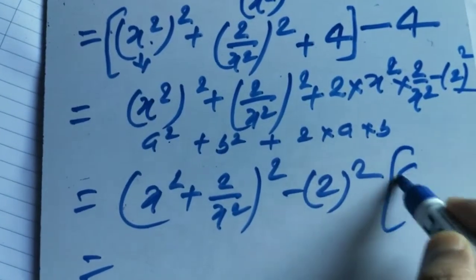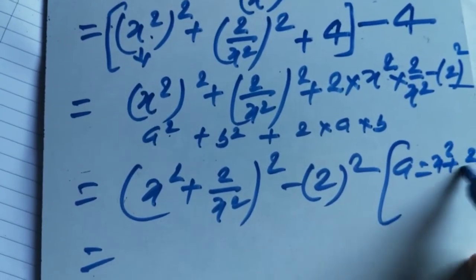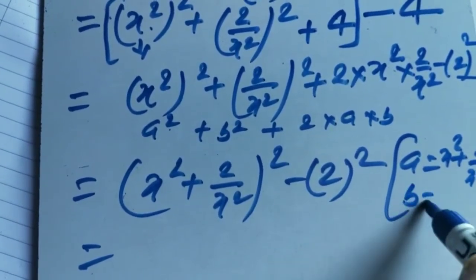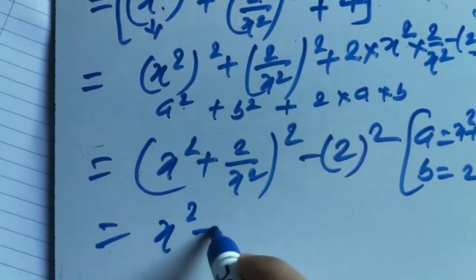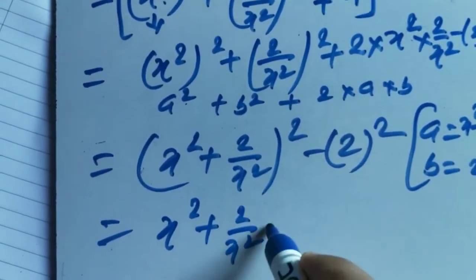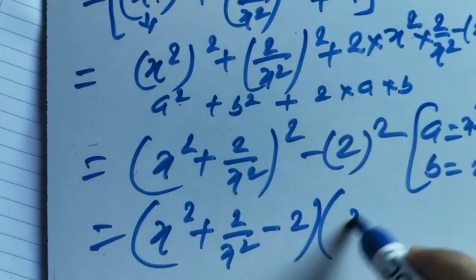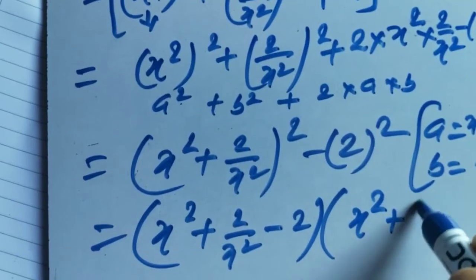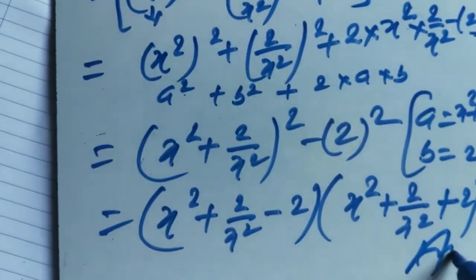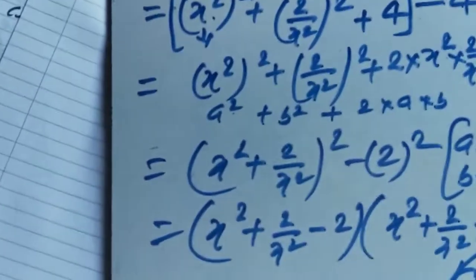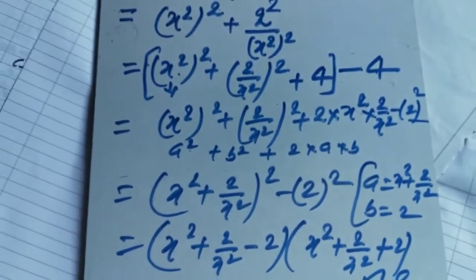At the place of a you have x square plus 2 upon x square, and at the place of b you have 2. So it will be a minus b, that is x square plus 2 upon x square minus 2, and a plus b, that is x square plus 2 upon x square plus 2. This is your factorization for your question number 36.